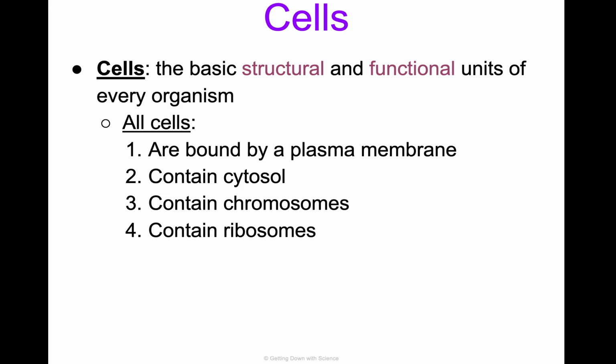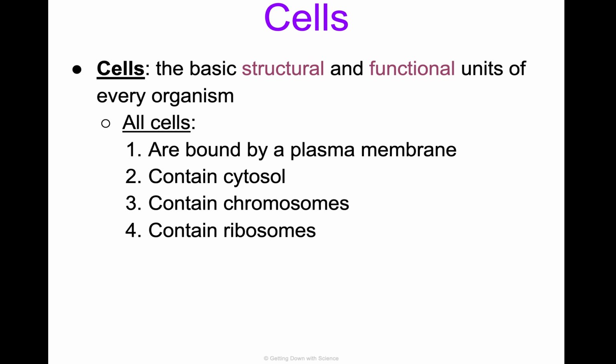The first is that all cells are bound by a plasma membrane, which means they all are, this is my water balloon analogy, that cells are all kind of contained like a water balloon is, and the balloon is the plasma membrane. All cells contain cytosol, which is the fluid environment that these organelles live in.